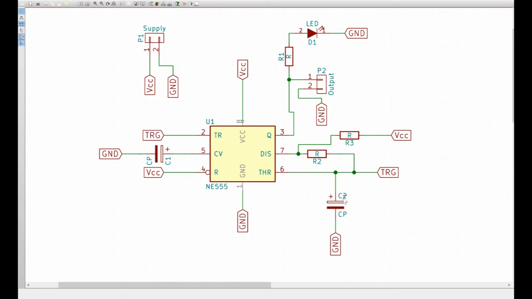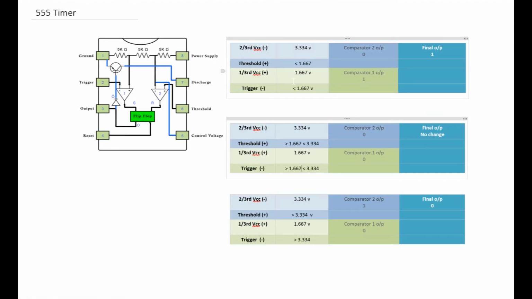So now the capacitor would start getting charged and a potential would start getting developed around it, which would cause an increase in voltage at the threshold and the trigger. So we are saying when the voltage around this point is less than 1.667 volts, comparator 2, the right one over here, is comparing the threshold, which is less than 1.667 volts, with 2/3 of VCC.